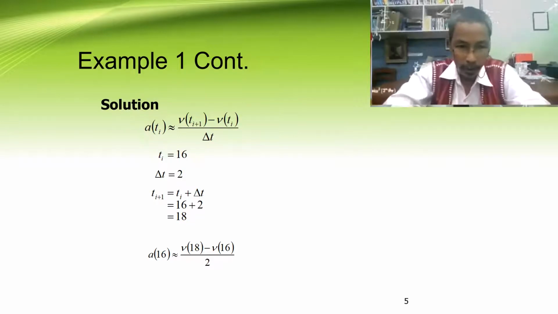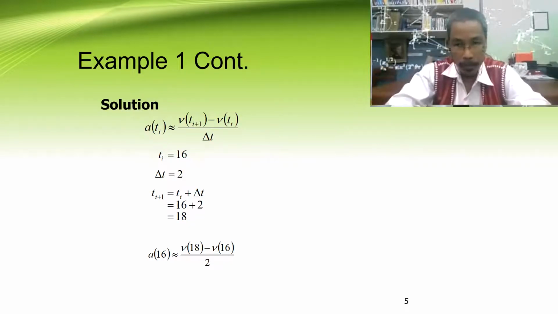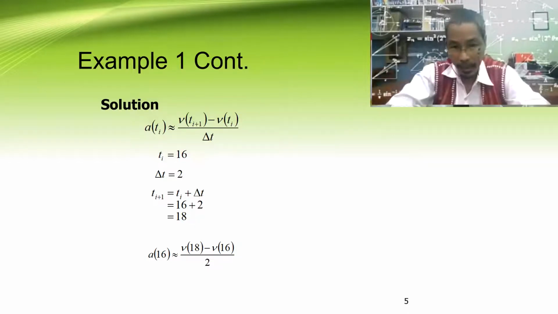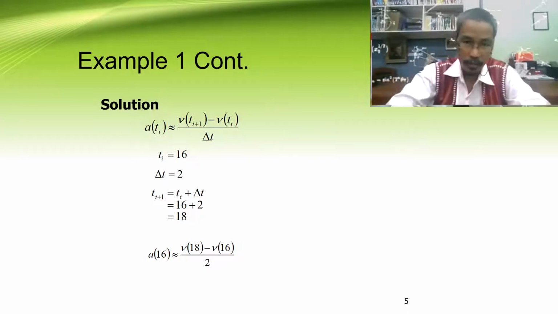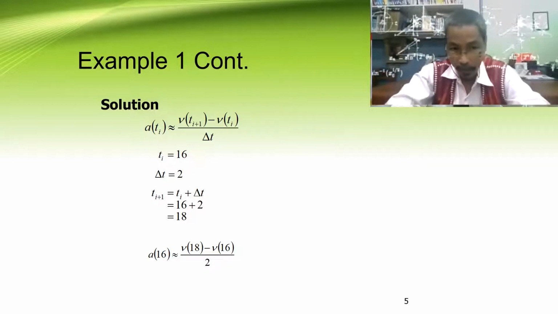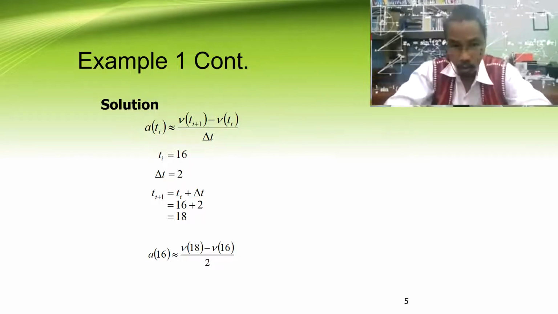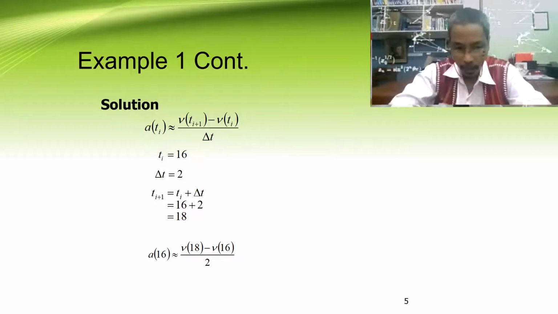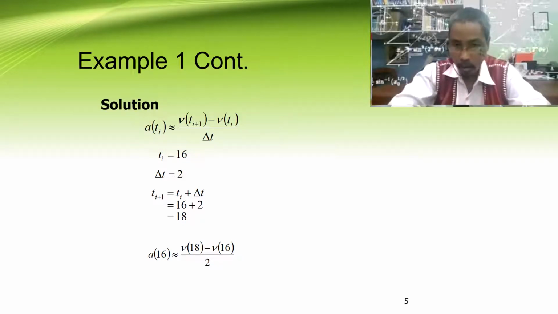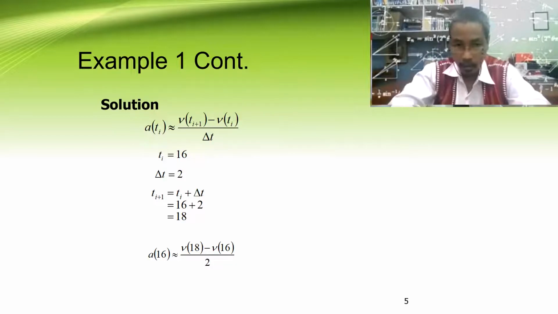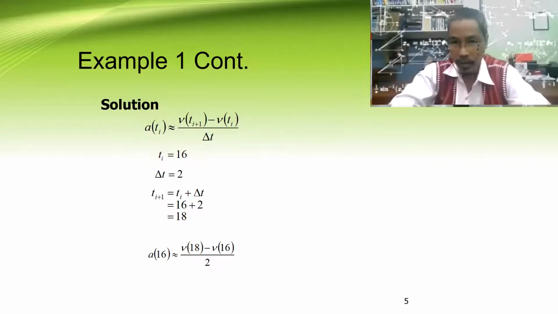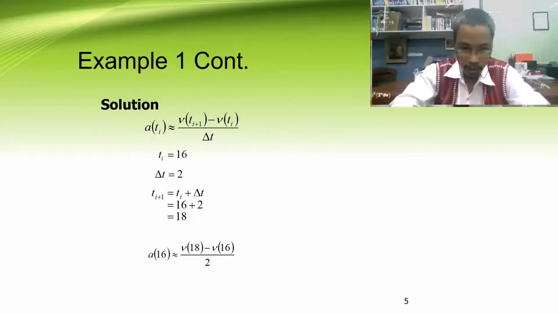Since time t i is equal to 16 as given by the problem, and delta t is equal to 2 seconds, we find that t i plus 1 is 16 plus 2, equal to 18.